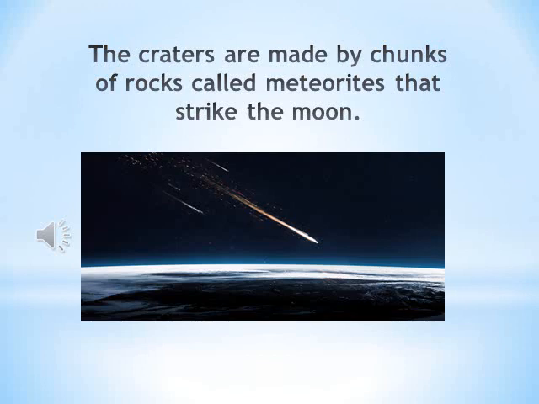Okay, so how were these craters formed? Well, the craters are made by chunks of rocks that we call meteorites. When these meteorites, these really large pieces of rocks, strike upon the surface of any planet or any heavenly object like our moon, which is not a planet but a satellite, this is what happens.